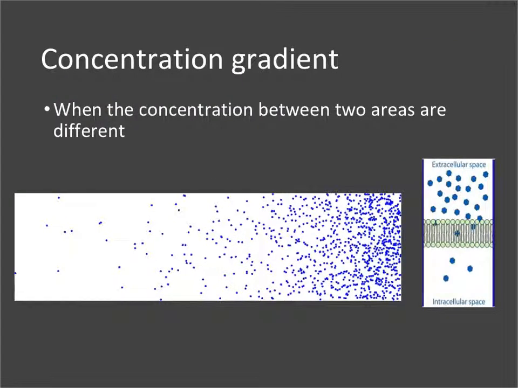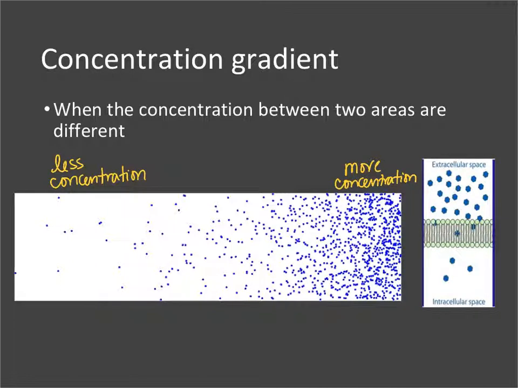In contrast to equilibrium, sometimes a concentration gradient exists. A concentration gradient is when you have more concentration in one area and less concentration in another area.